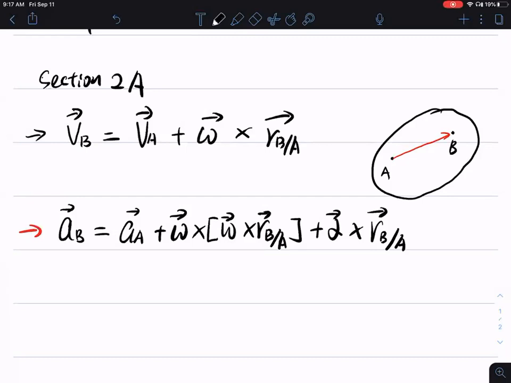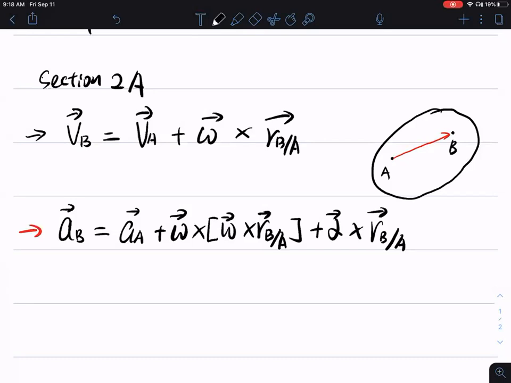Okay, this is why I said at the beginning of the semester that the equations in this course are getting longer and longer. Wow, this is the equation for acceleration. Look at how many cross products we have.